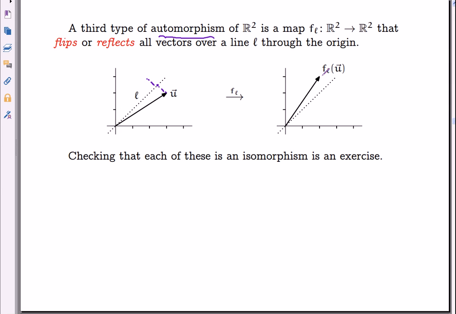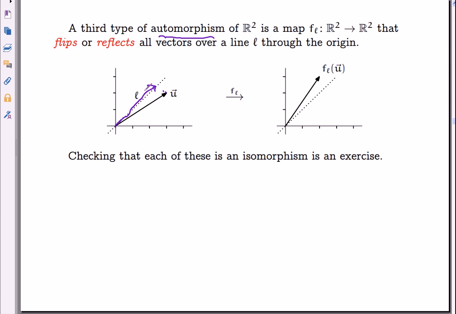If I just took a vector along L like this, what's its mirror image reflection? Well, if you take the perpendicular from this to L, it's the vector itself, because you're already on L. So in fact, the mirror image reflection of any vector along L is the vector itself.